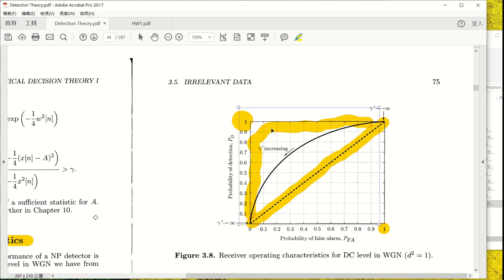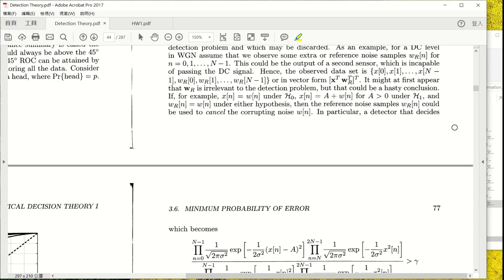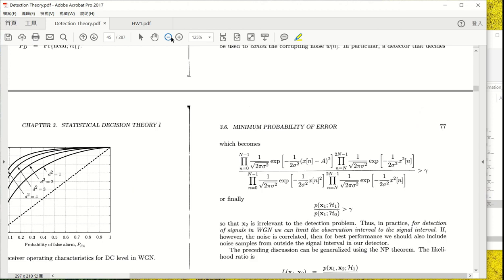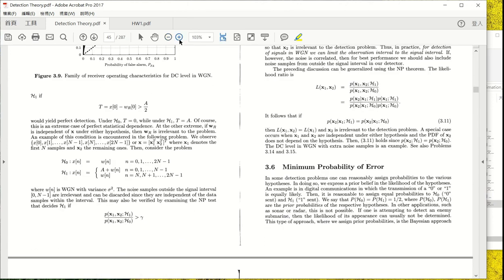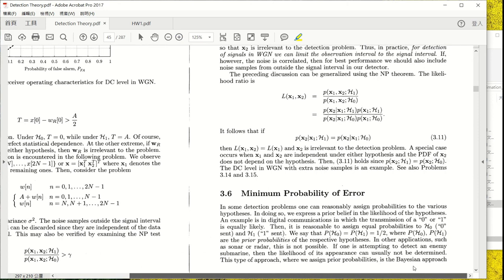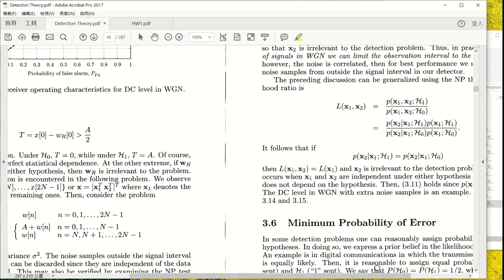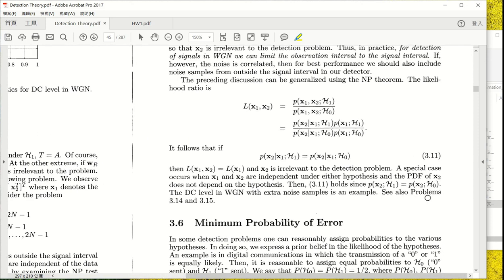And a perfect detector will be something like this. It goes all the way up to PD equal to 1 and then like this. That is very good. Okay, so that is the ROC. Remember, ROC is very important because it's very fundamental in this type of problem. And as you can see in many papers, I believe you see that also.